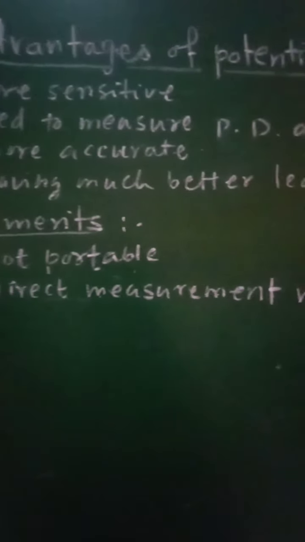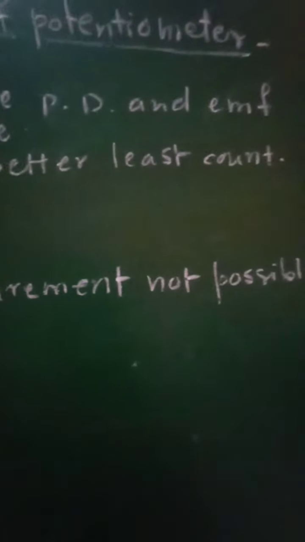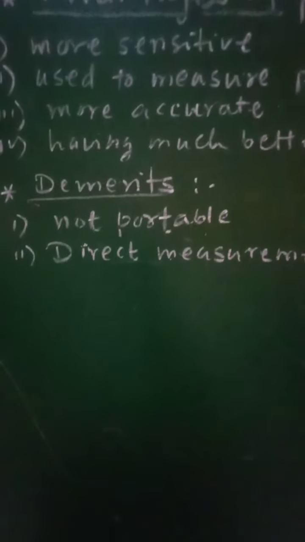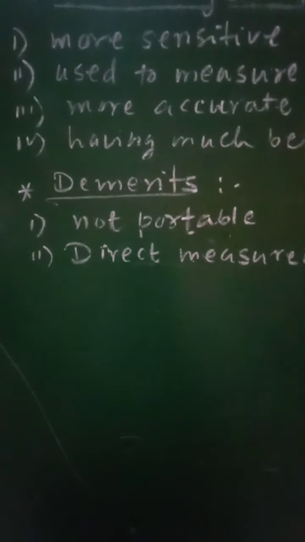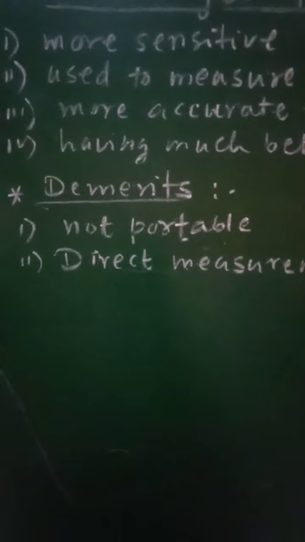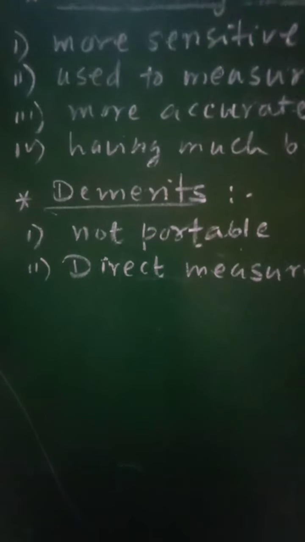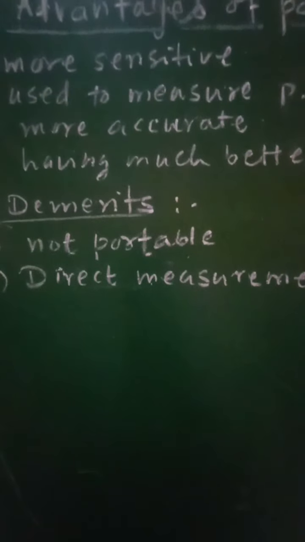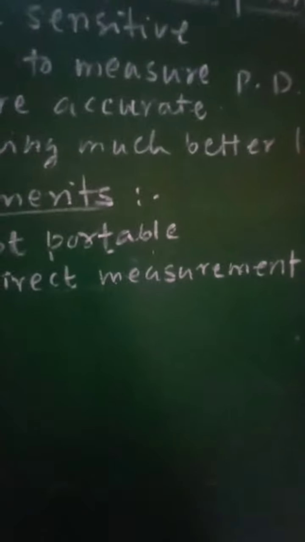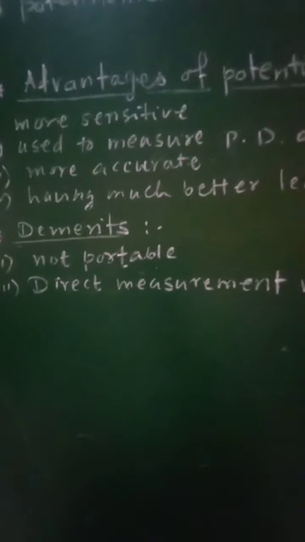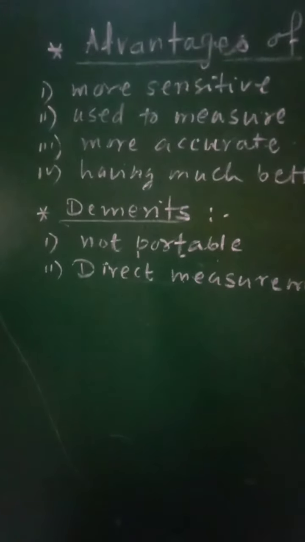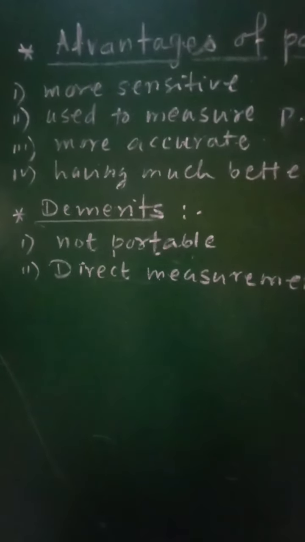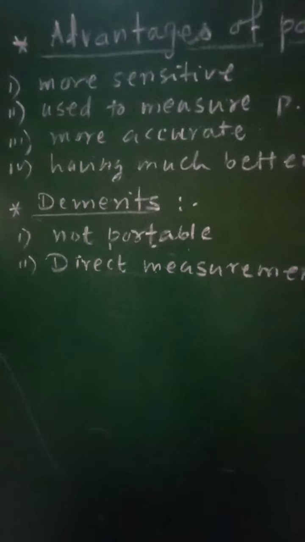On the other hand, a voltmeter is used only to measure the potential difference of the cell. Third, the potentiometer is more accurate as compared with the voltmeter. That is, the accuracy of the potentiometer is very large as compared with the voltmeter.